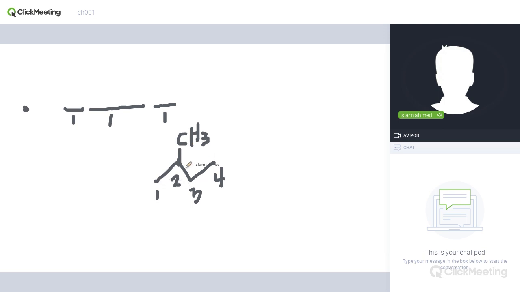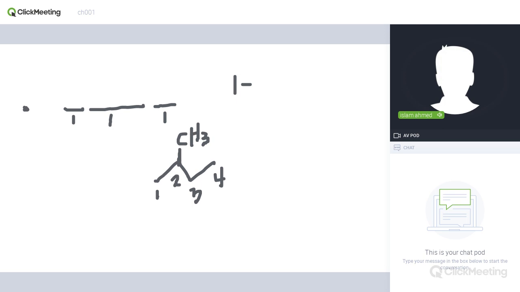Also, we have here a very important note, which is where is first? The first thing we do, the longest carbon chain. Which one is the longest carbon chain here? 1, 2, 3, and 4, and 1, 2, 3, and 4. So it is the same.